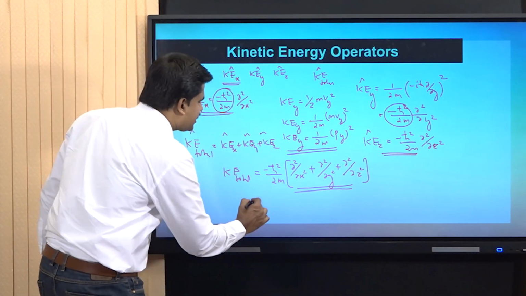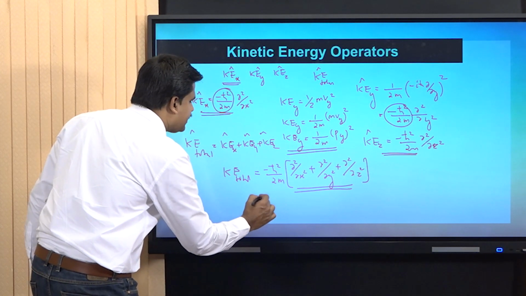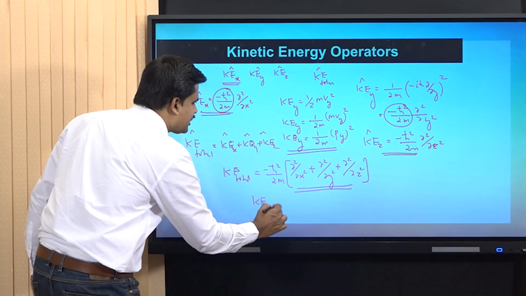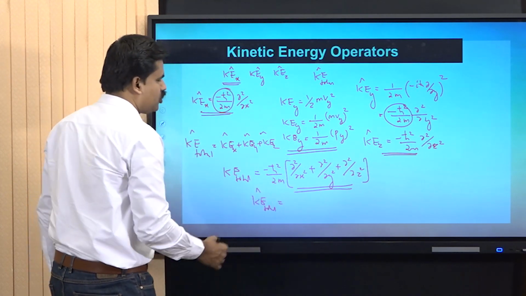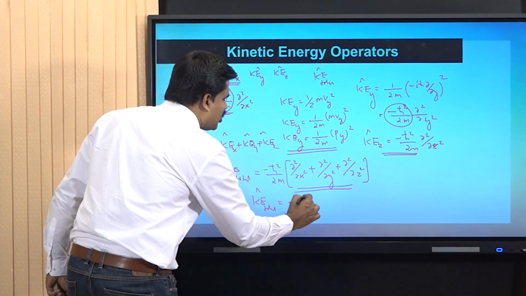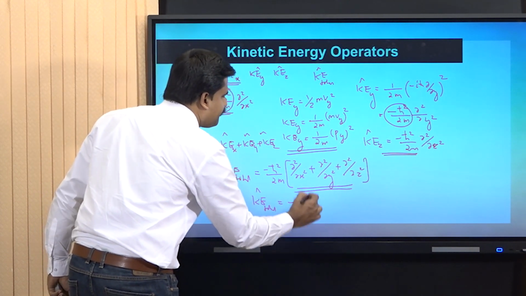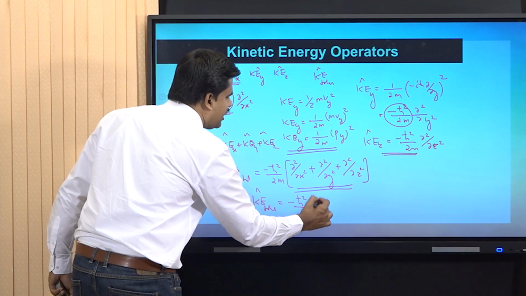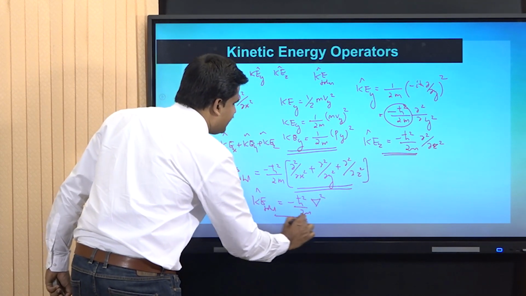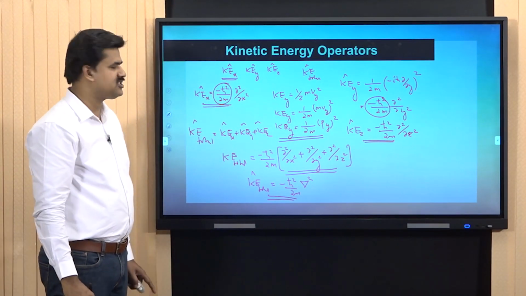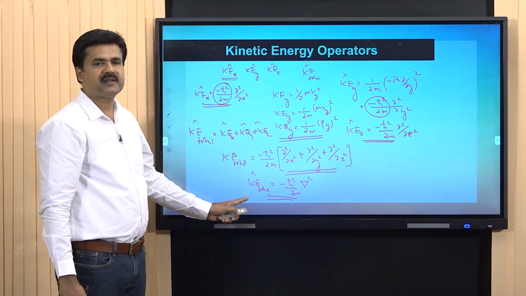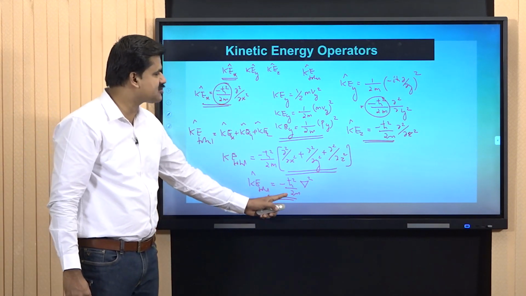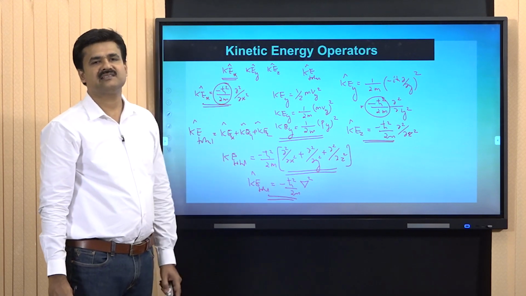Therefore, the total kinetic energy operator KE total hat is equal to minus ħ square by 2m del square. This is very, very important information.